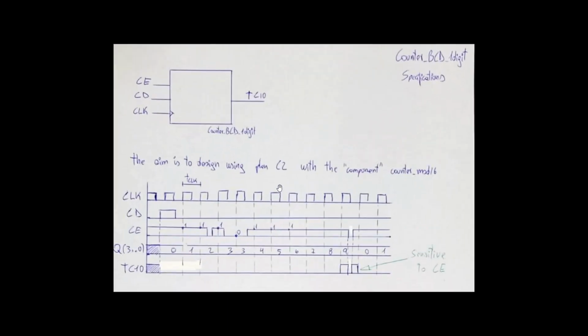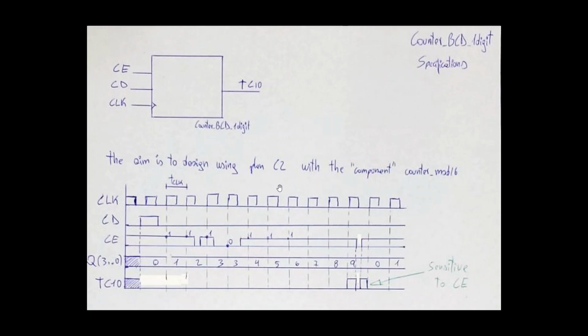As I said before, in our annex we are going to work with the BCD counter of one digit, which is used to build our BCD counter mod 50K. We are going to explain this one. We used it with the plan C2 and our component counter mod 16.